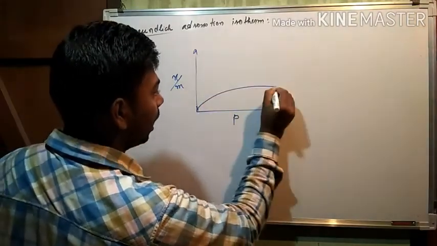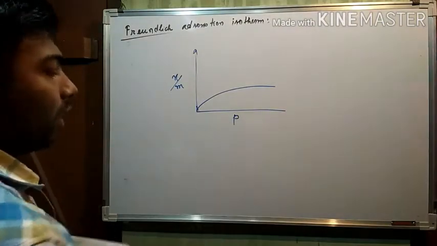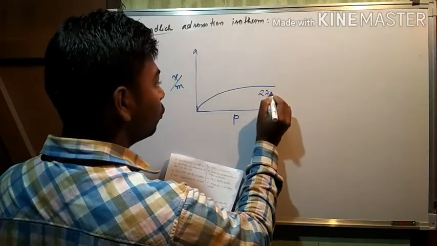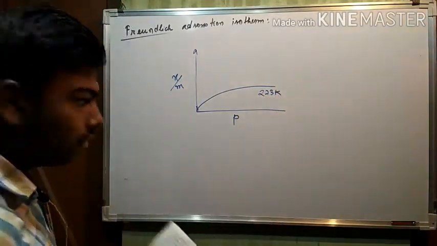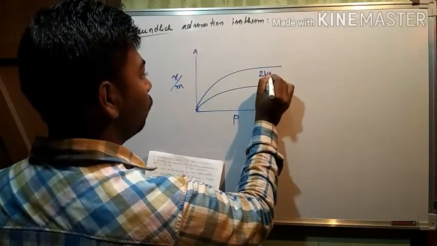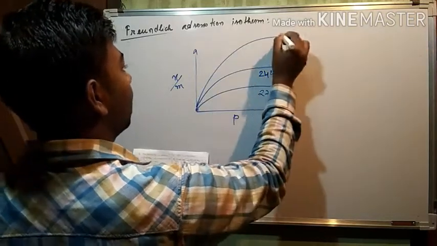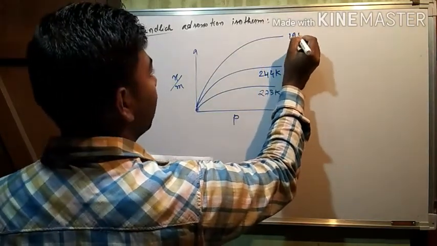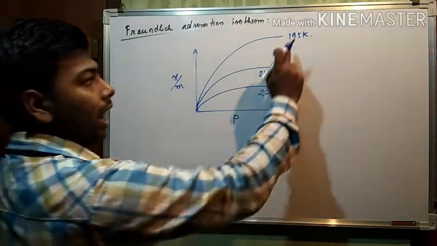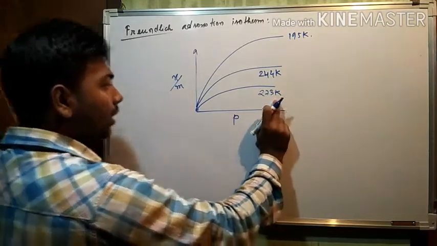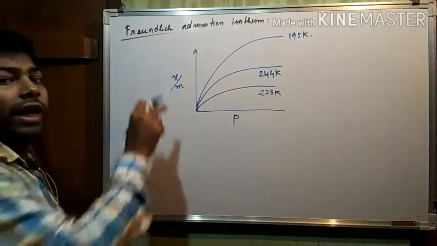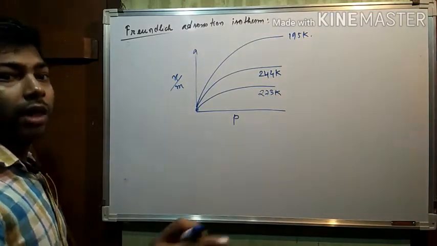When the temperature is higher, we can observe this type of curve. Suppose this curve is at temperature 273 Kelvin. At lower temperature, 244 Kelvin. This one is at very low temperature, 195 Kelvin. That means we can say that at higher temperature the adsorption is low, because x is the mass of gas adsorbing on the mass of the adsorbent.